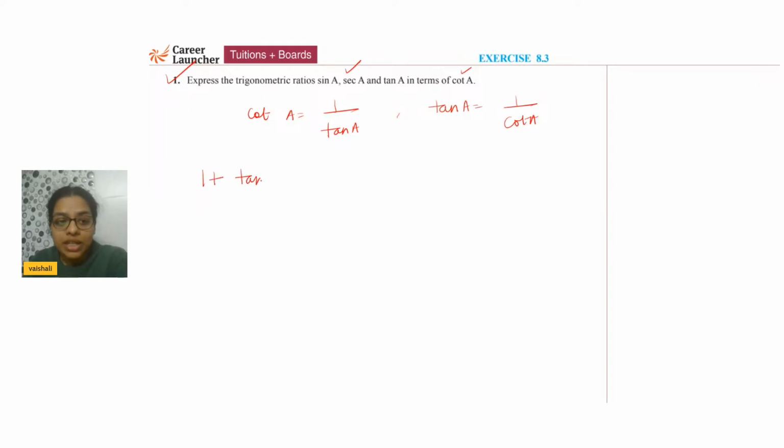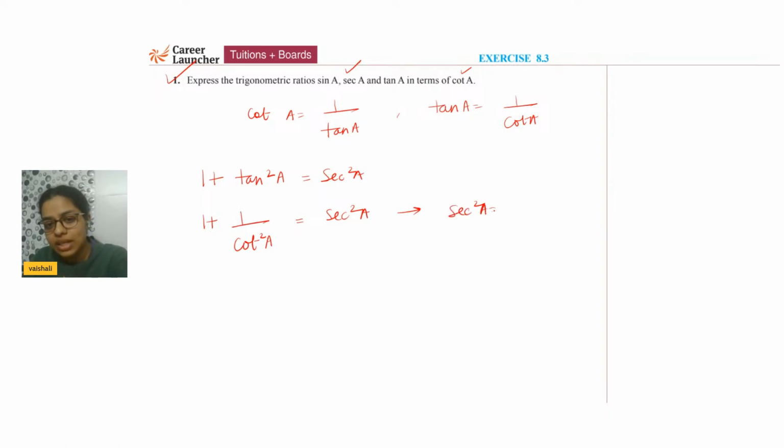We will make use of the identity that we know: 1 plus tan square A is equal to secant square A. Now I can just plug in the value of tan, which is 1 by cot, so this will be 1 by cot square, and hence secant square A is equal to this expression. But we will not stop here. Let us simplify this further.